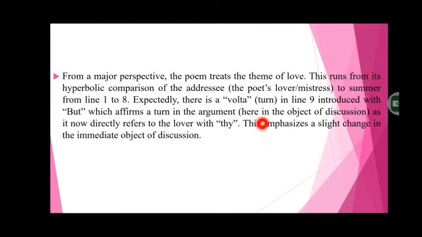So here the object of discussion changes, as it now directly refers to the lover with thy. This emphasizes a slight change in the immediate object of discussion. So this is one of the structures of the Shakespearean sonnet, that there will be a shift, and this shift is known as volta.